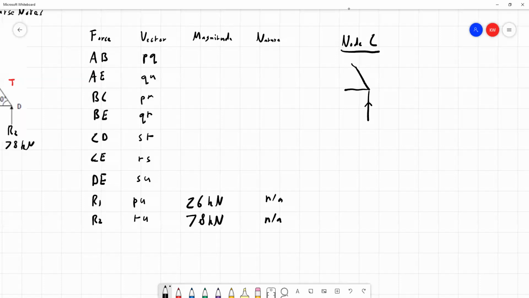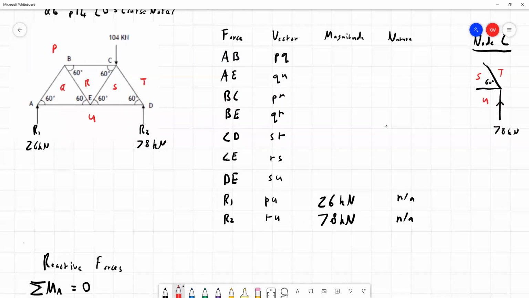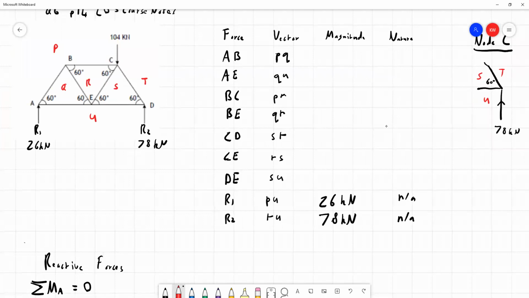We know that this force here is 78 kilonewtons. We know this angle here is 60 degrees. And of course, we know the names of the spaces as well. This is space S, space T, and space U, as we can see on the diagram here.